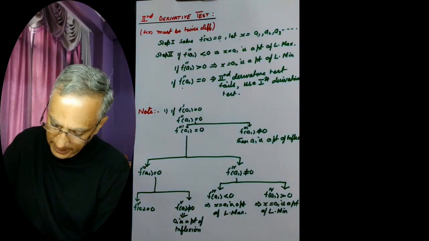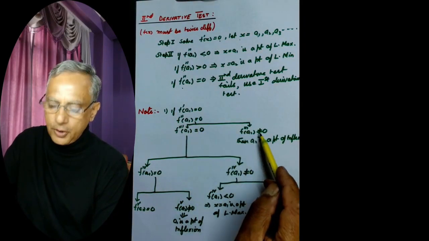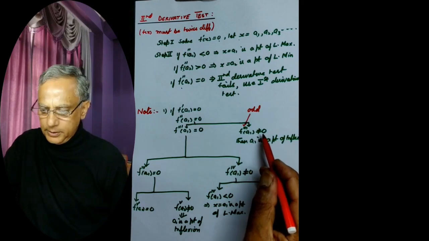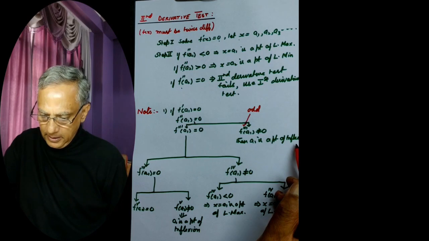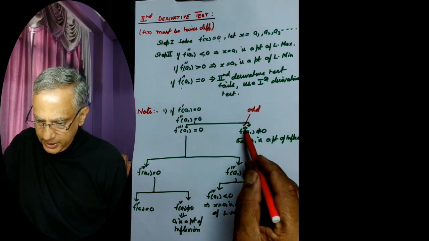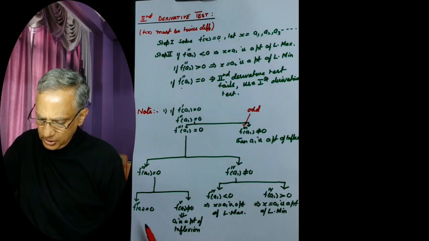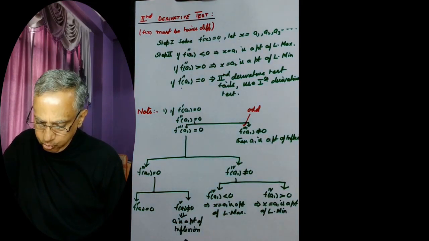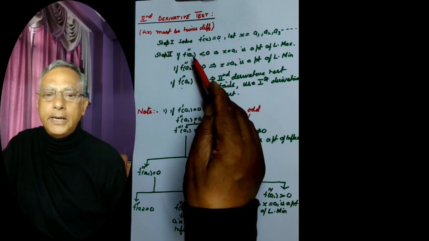But if the third derivative is not equal to 0, if an odd derivative is not equal to 0, then we will say that x equal to a1 is a point of inflection. If the third is non-zero, we will say it is a point of inflection. If the fifth derivative is non-zero, we will say it is a point of inflection. And if an even derivative is non-zero, we will proceed like this.